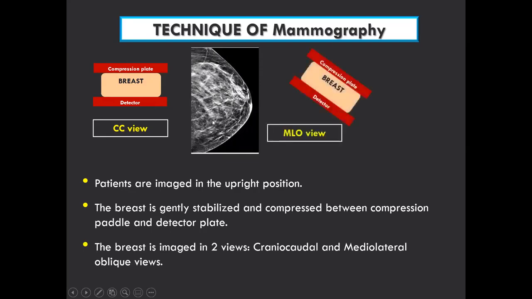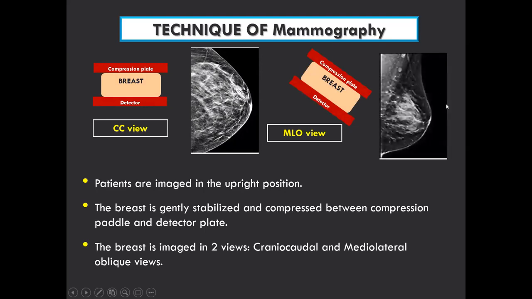The second view is the mediolateral oblique view, and in a mediolateral oblique view, which looks like this, we can say whether the lesions seen in the breast are in the upper or the lower breast quadrants.